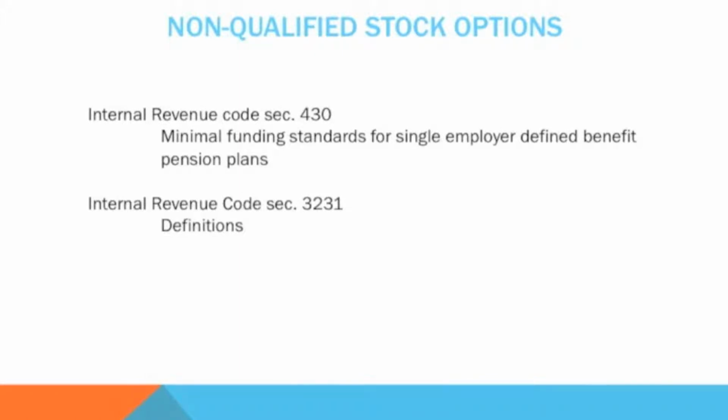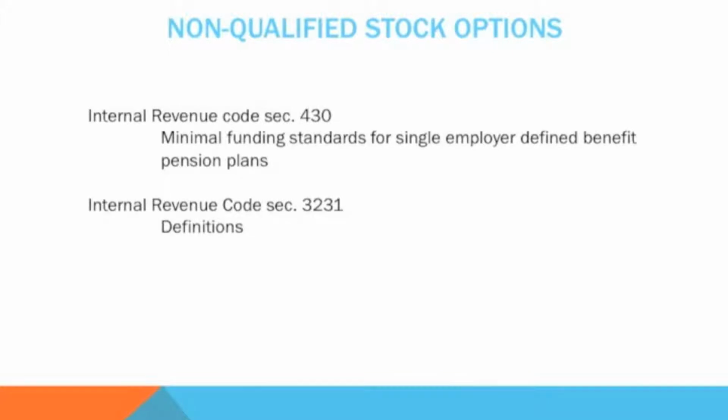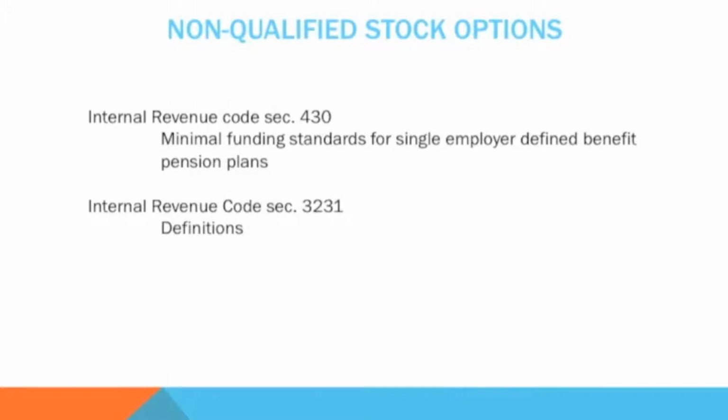Some of the highlights of this code are minimum required contribution, target normal cost, special election for eligible plans, and increases in alternate required installment in cases of excess compensation or extraordinary dividends or stock options. Next, we have Internal Revenue Code Section 3231, which outlines some basic definitions such as employer, employee, compensation, and treatment of certain deferred compensation and salary reduction arrangements.